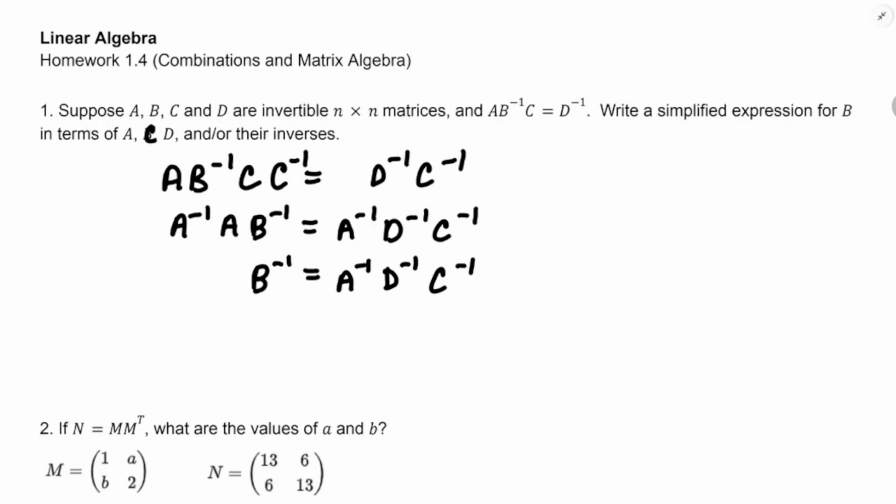Before I multiplied both sides on the left by A inverse, I had A times B inverse equal to D inverse C inverse.